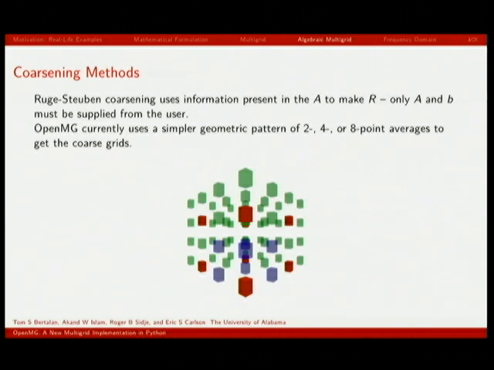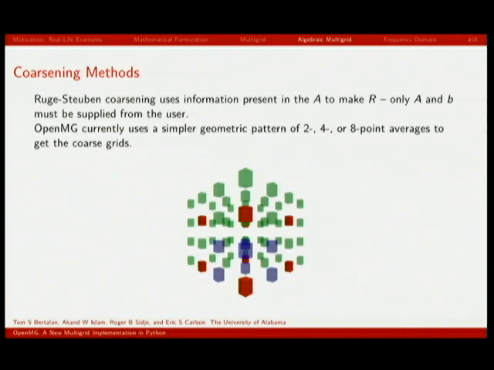But more robust, and actually requiring less information from the user, is the method of Ruge-Stüben coarsening. That uses the actual coefficient matrix to estimate the strength of connection between fine points and coarse points. It also estimates what are the best points to summarize the fine grid in the coarse grid.